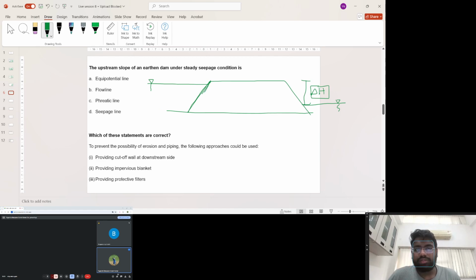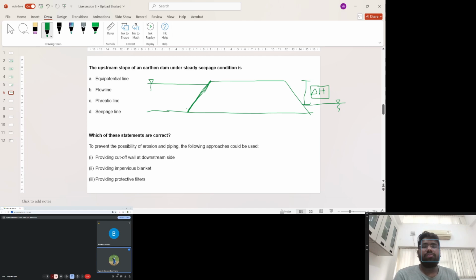So this part is the upstream slope, right? We have to check how it acts. There are two possibilities: this slope can act either as a flow line or an equipotential line, right?